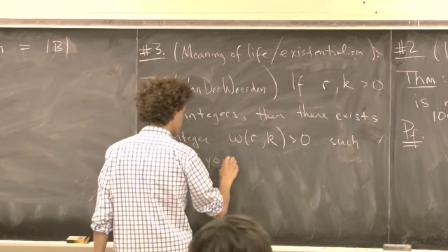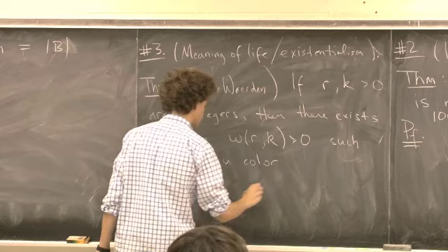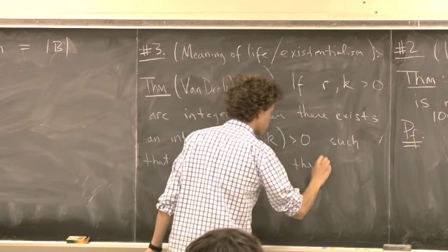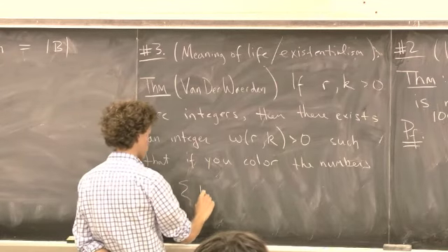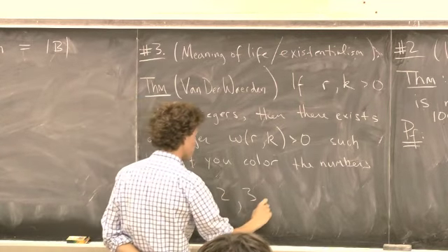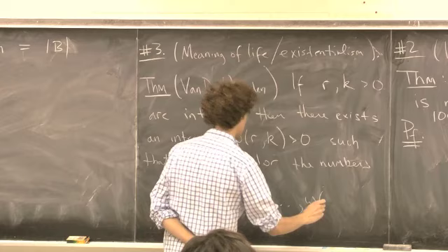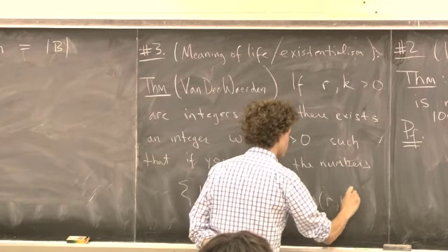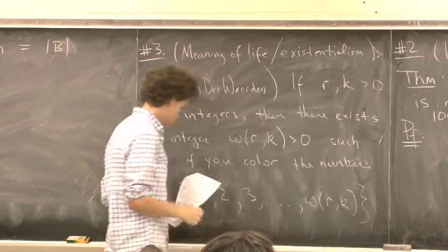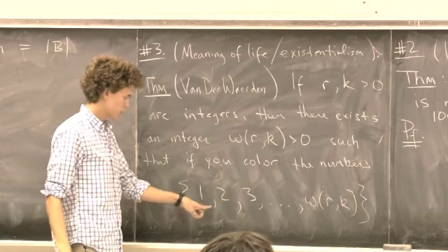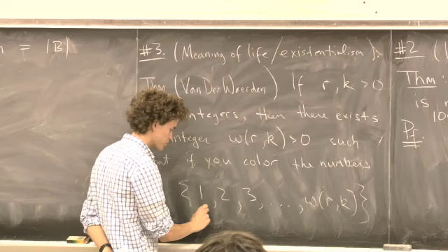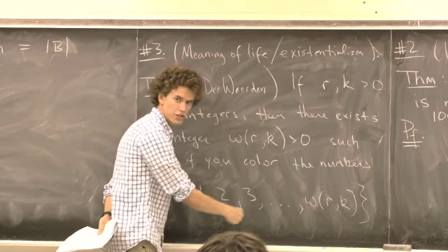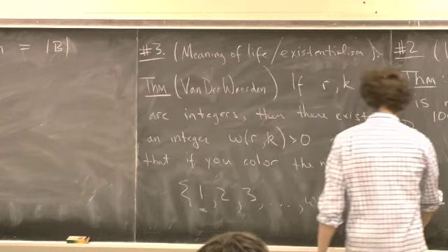if you color the numbers from 1, 2, 3, all the way out to W of R, K. Alright, so color means exactly what you think. We just go over here and we color it purple or orange or yellow. Alright. What happens?